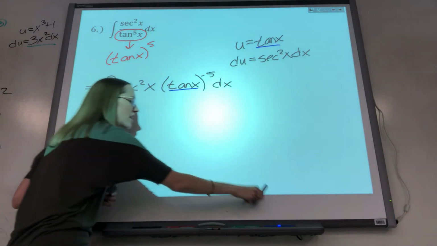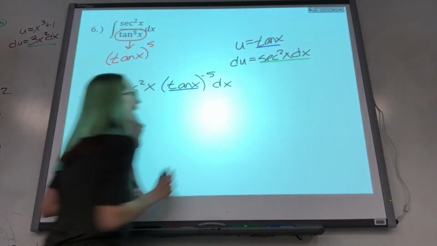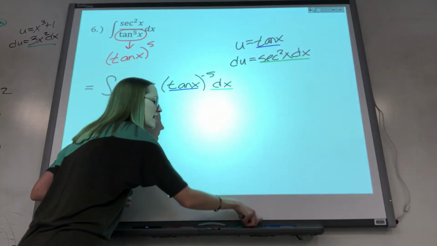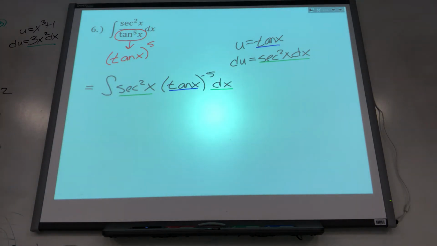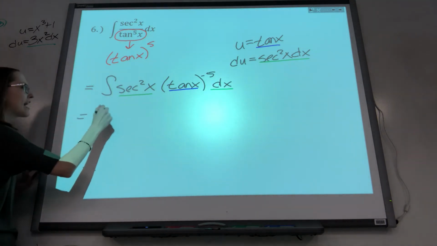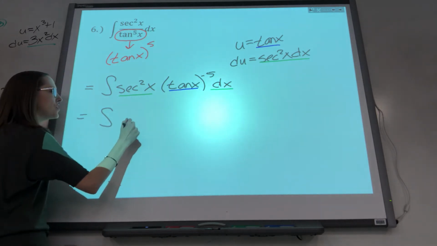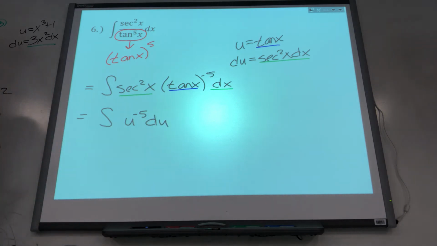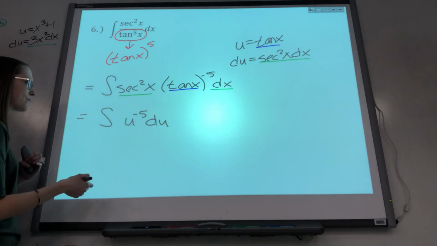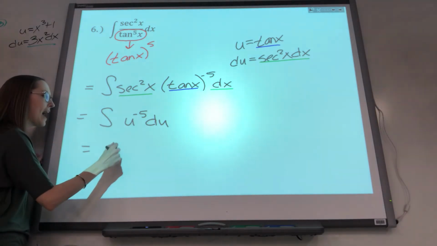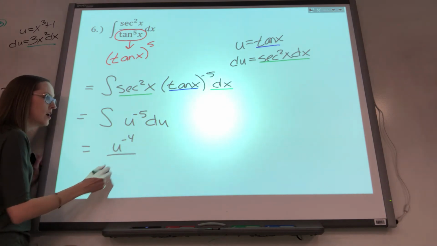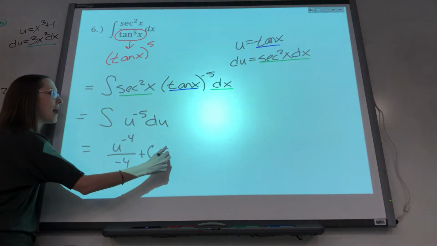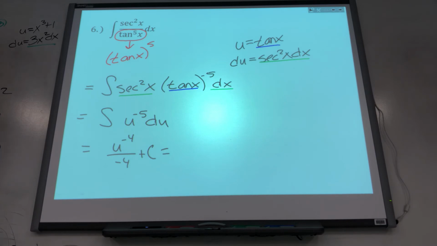So that part is u, and I have everything that I need for du. So we could actually rewrite this as u to the negative 5th du. I'm going to integrate u to the negative 5th with respect to u. All right, so add 1 to my power, put my new power on bottom. We need to talk for just a minute about how to simplify this.